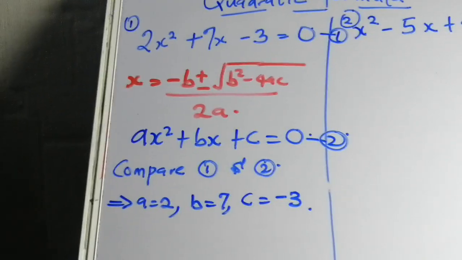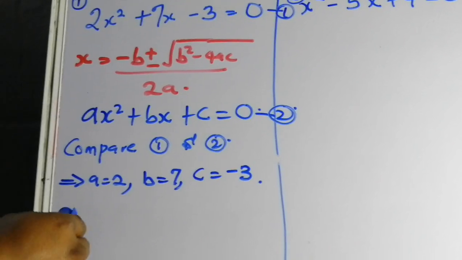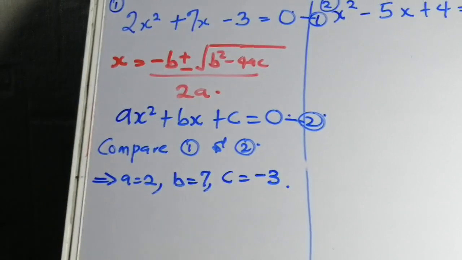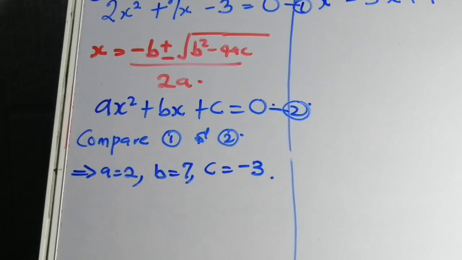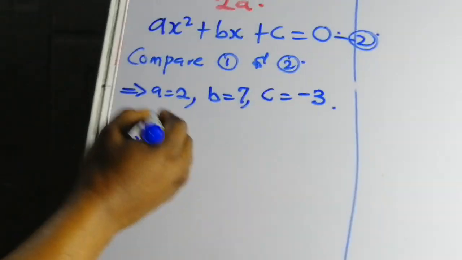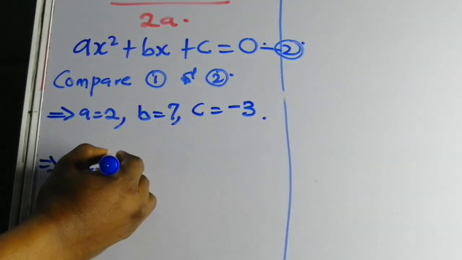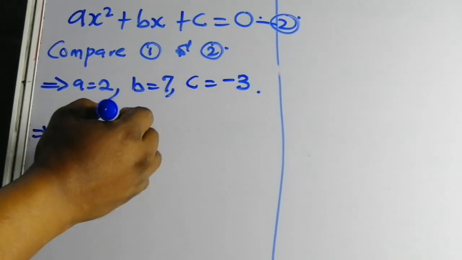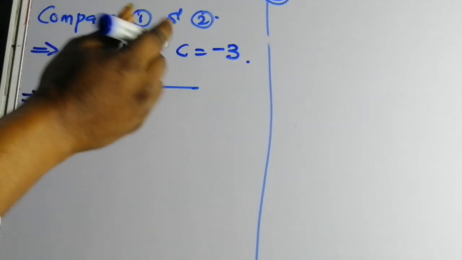So what you just need to do now is put all these values in the almighty formula. Which implies, very straightforward, x equals, what is my b? My b is 7. So it means I will say minus 7 plus or minus, my b is what? 7.